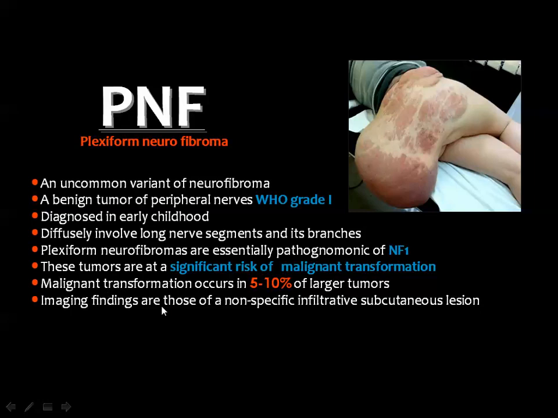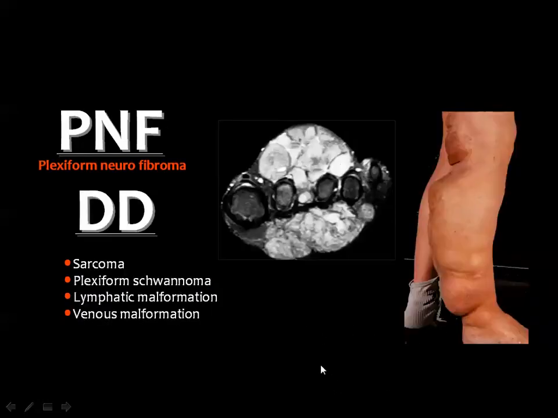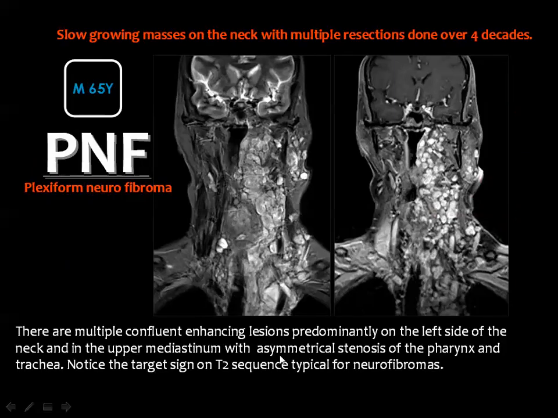The imaging findings are non-specific, but they can be well appreciated from the clinical point of view and also some of the imaging criteria. The differential diagnosis is from other large lesions like lymphatic malformation, venous malformation, and sometimes some of the sarcomas in the limb.